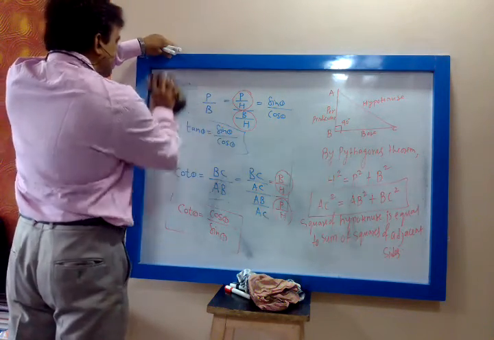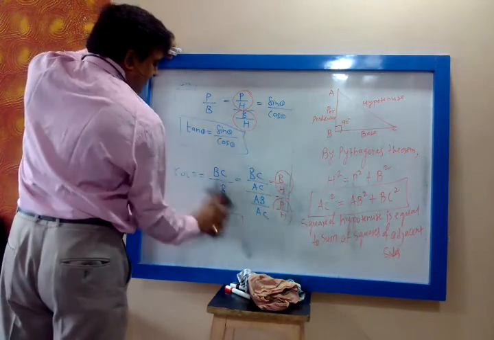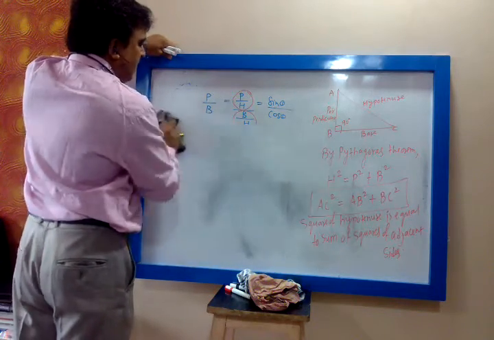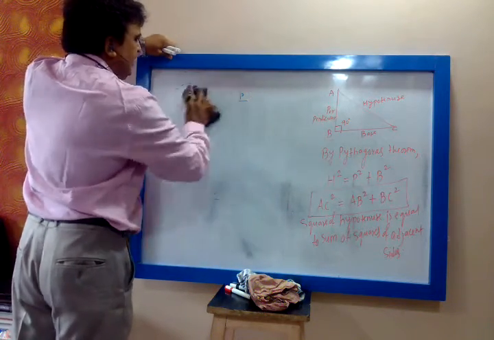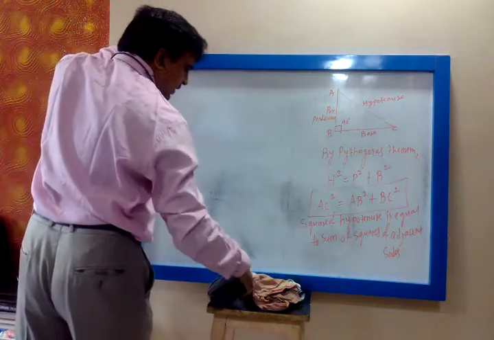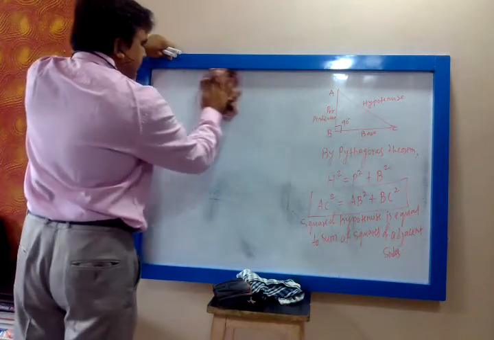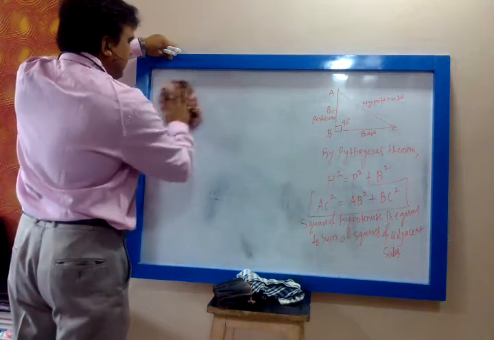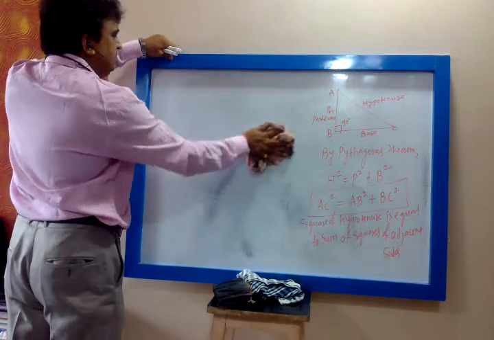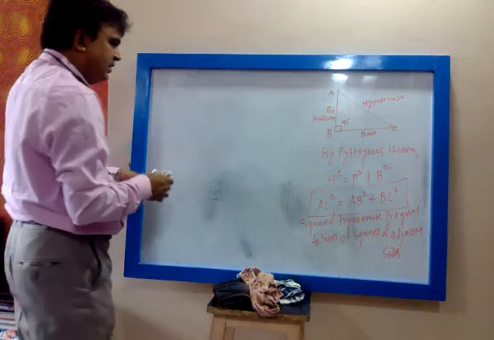Now we have to solve problems based on this. In this you will come across this type of problem, so you should be thorough with the formula. You will be given base and perpendicular and asked to find hypotenuse, or you will be given hypotenuse and base and you have to find perpendicular.